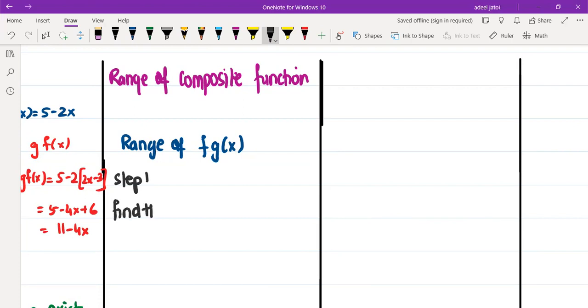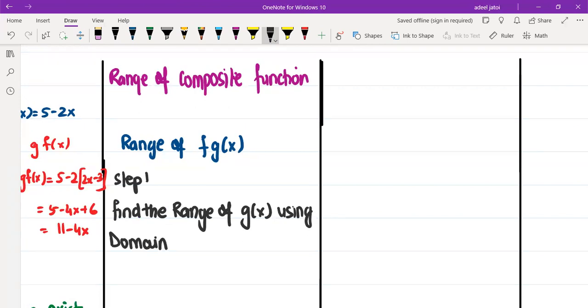Find the range of g(x) using its domain. Once you substitute the domain of g(x) in the g(x) function, you will get the range of g(x).